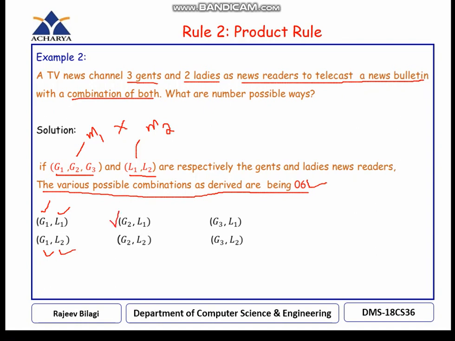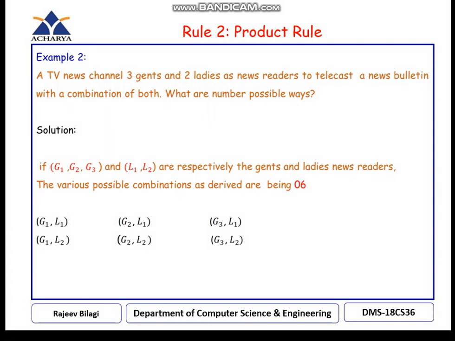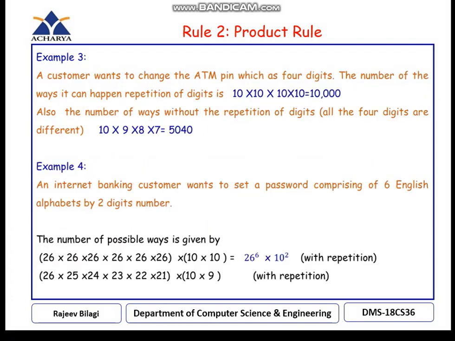G2 L1, G2 L2, G3 L1, G3 L2. So these are all 6 different combinations where the different events can happen. So this is also 6, and here also you get 6. So this is about problem number 2.